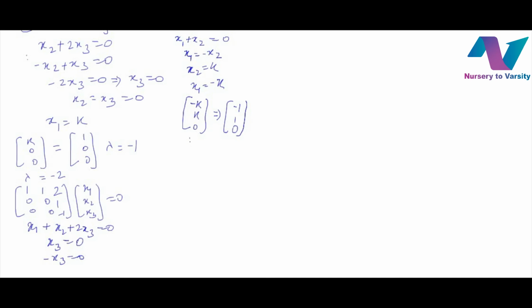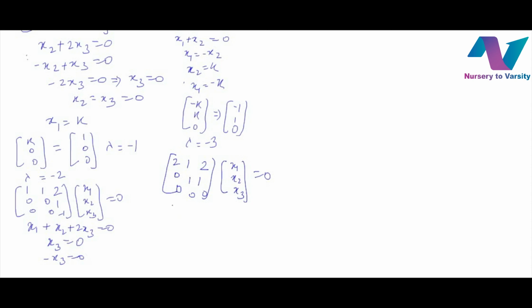Now we will find the eigenvector corresponding to lambda is equal to minus 3. When we put lambda is equal to minus 3, our matrix becomes 2, 1, 2, 0, 1, 1, and 0, 0, 0 into x1, x2, x3 is equal to 0.